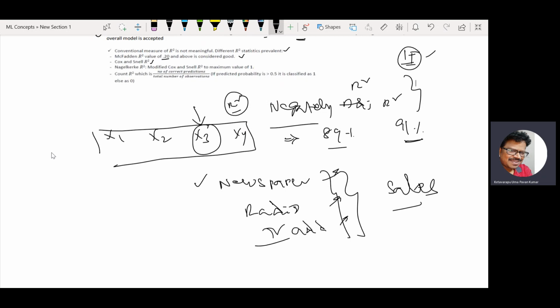Nowadays, newspaper and TV are more crowd pullers. But if you consider FM or all those things, they may not influence that much. Especially in the medical domain and so on, particularly in the olden days, maybe in the 90s, people only went with newspapers.